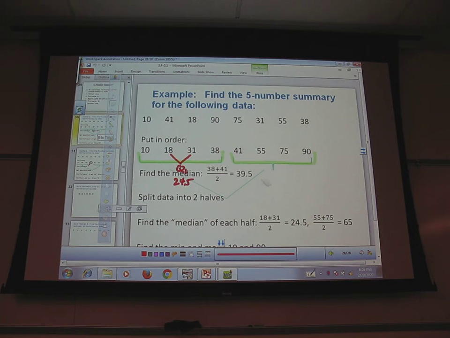And then I take these guys. It's even. So again, I have 2 tied for the middle. I need to average them. So if I take 55 plus 75 divided by 2, I get 65. Then I find my Q2. Since it's even, I take these 2 numbers and I average those, and I get 39.5. That's my Q2. This is my Q3, just to remind people. And then we have our min and our max.